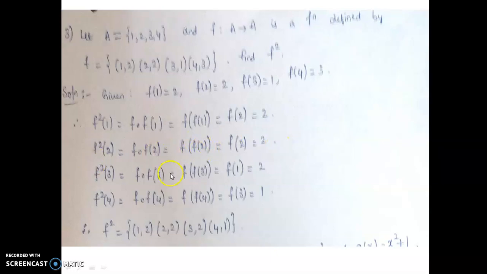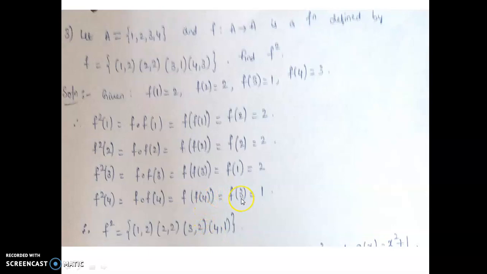Okay. f of 3. So function of function f of 3 is what? f of 3 is 1, so f of 1 is again 2. Okay, and f square of 4. So f of 4 is 3.